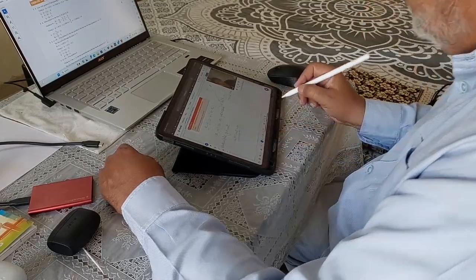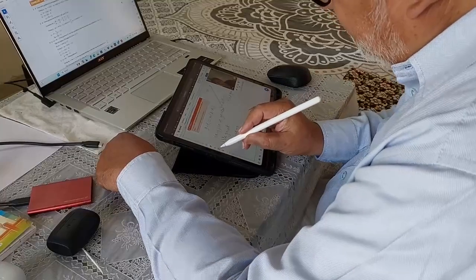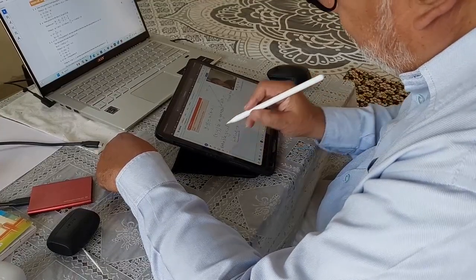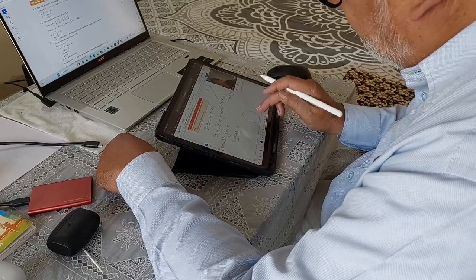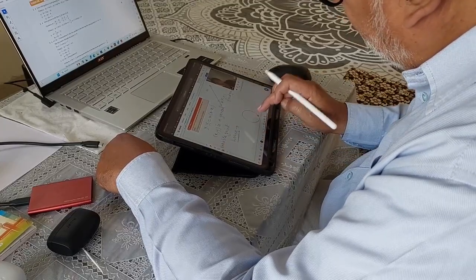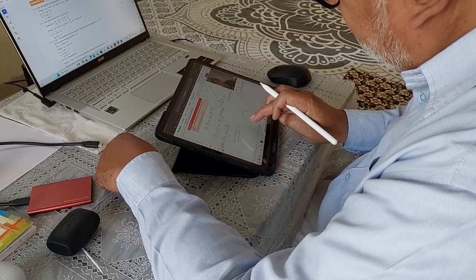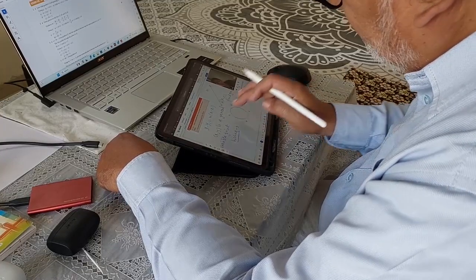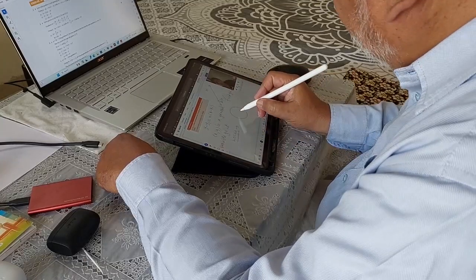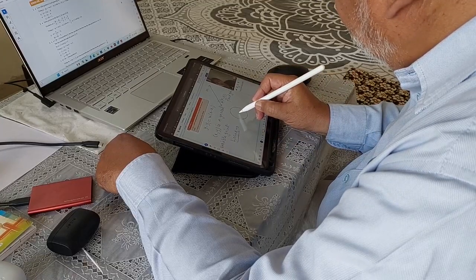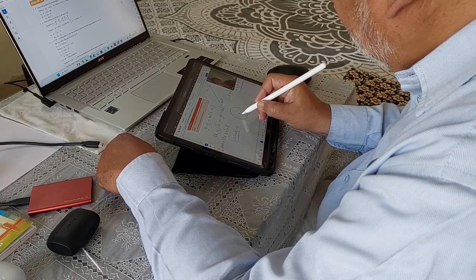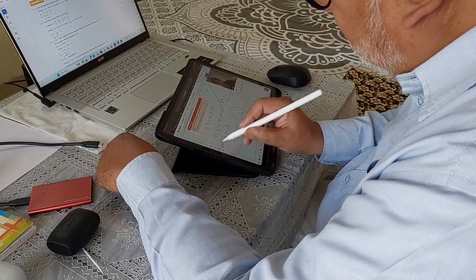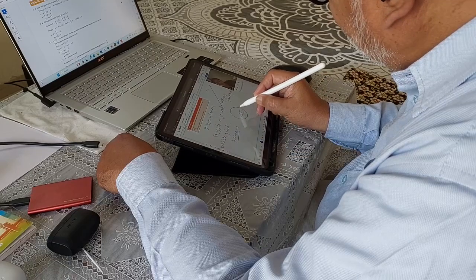Okay. Actually, when we draw any geometrical shape, it follows a certain geometrical rule. For example, this circle. When I have drawn this circle, it is following a certain geometrical condition, isn't it? What is that condition? There is a fixed point which is called the center, and there is a fixed distance which is called the radius.